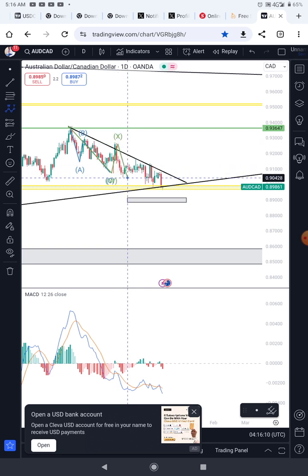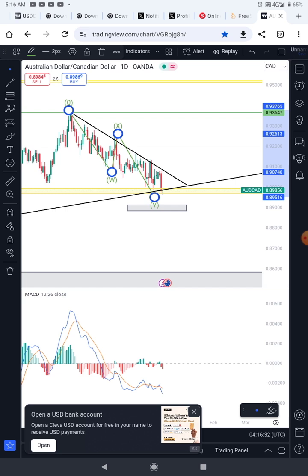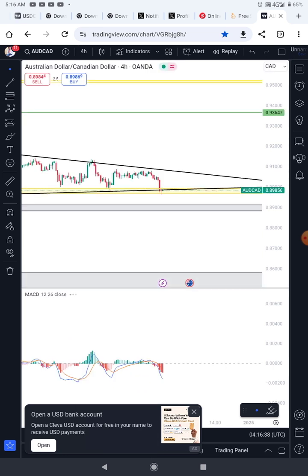And now we are seeing another zigzag, A, B, C. So this is a complex double zigzag we are seeing here, suspended at a support zone, at a Fibonacci, at a trend line, right? So I have no doubt that this market is going to push up from there.